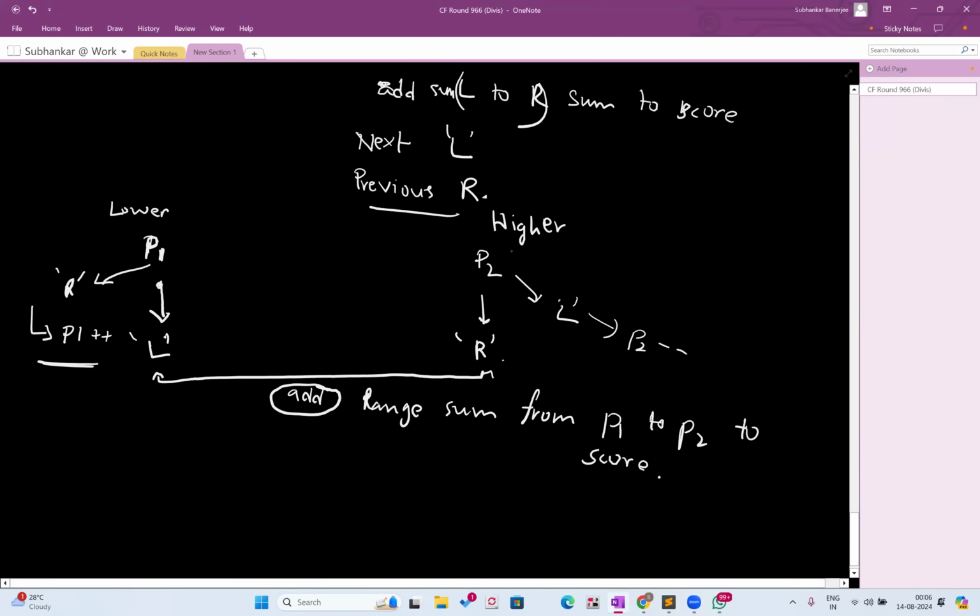And then again just increment the lower pointer and decrement the right pointer, the higher pointer.